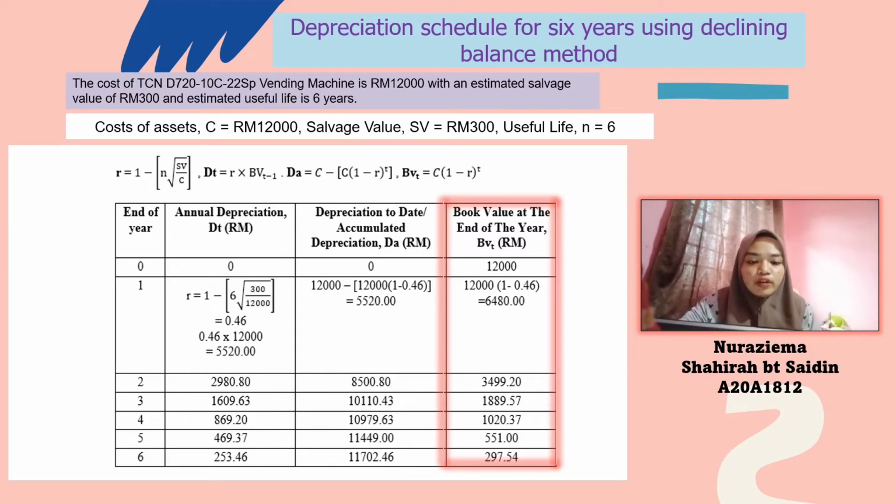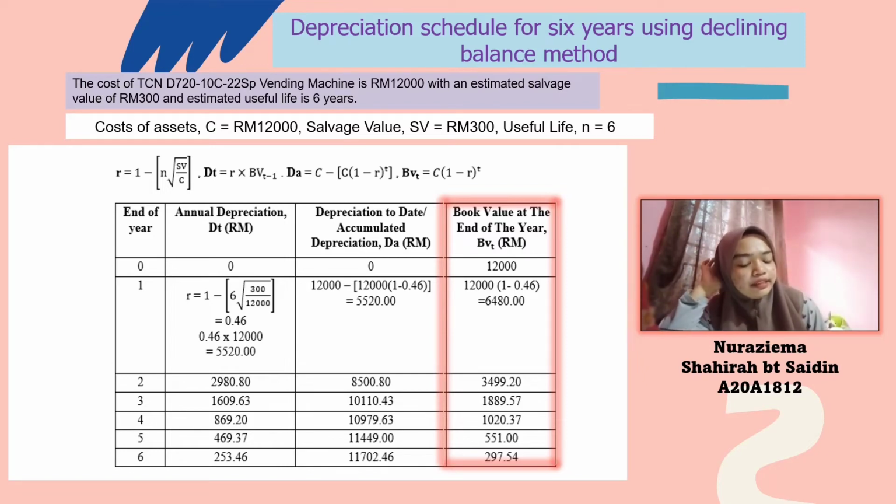Okay, to check our answer, we also can use this method: we take the book value from the year before and subtract the annual depreciation, so we can get the book value of that year.